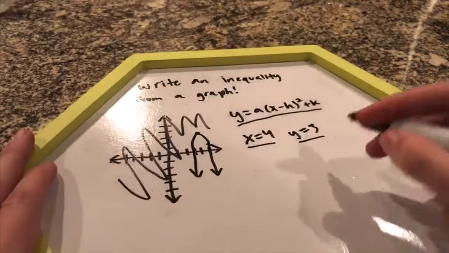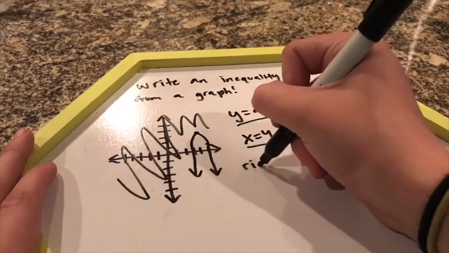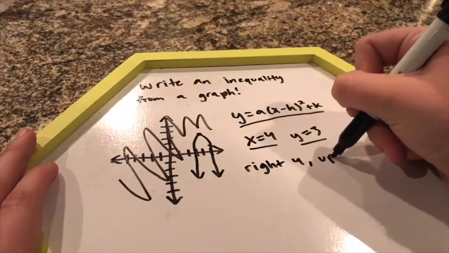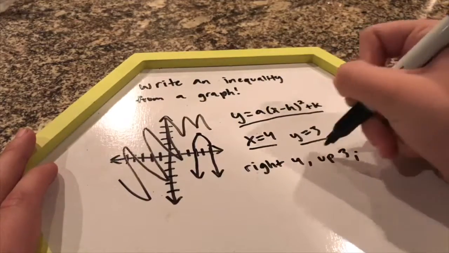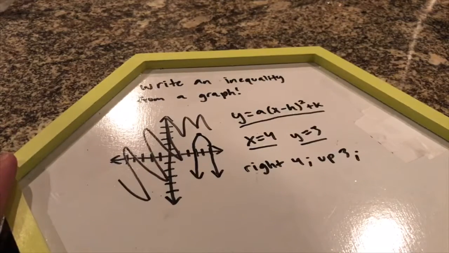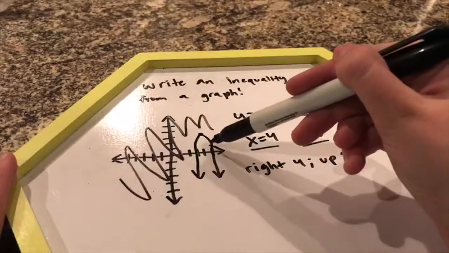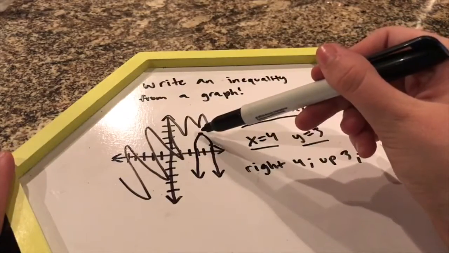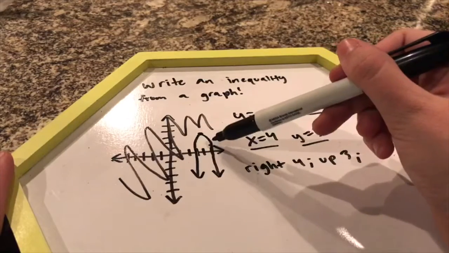So with these two, you know that you're going to go right 4 and up 3. So then you want to find out if you have any sort of vertical stretch or anything. So we only have 3 points. You can kind of see them a little bit. So it looks like you're going over 1 and then down 2.